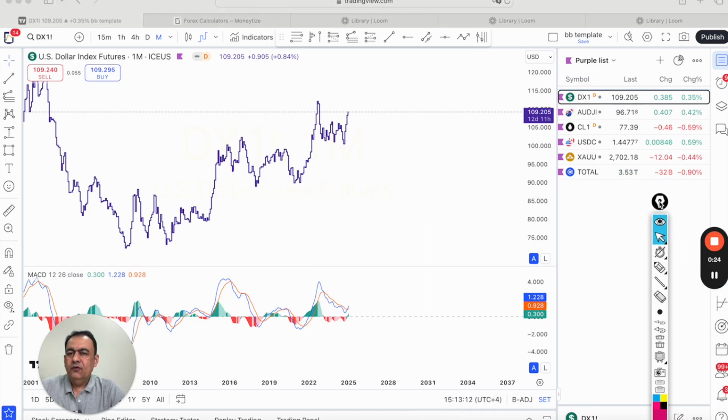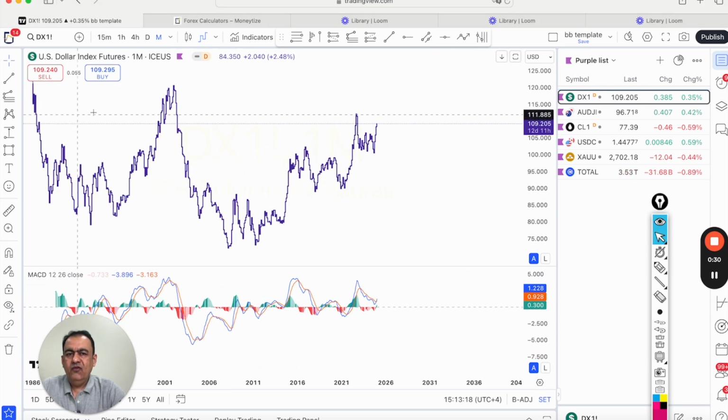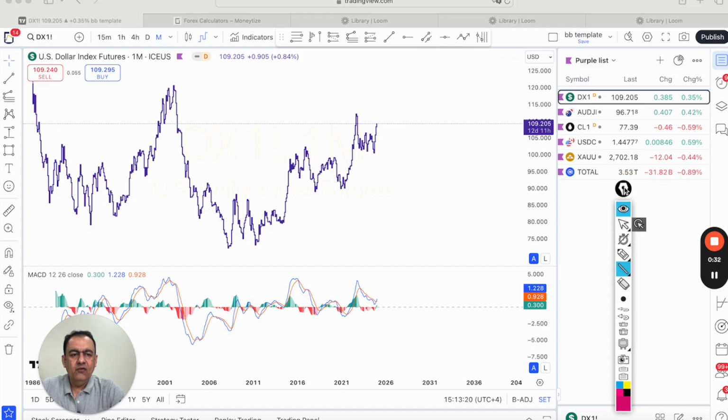Okay, so here, based on the monthly chart, I'm gonna apply Fib retracement starting from the previous high to the lowest point. So it will give us the Fib levels in between.